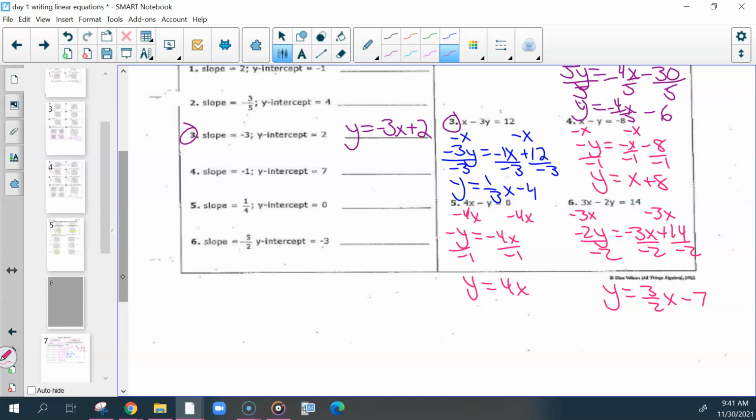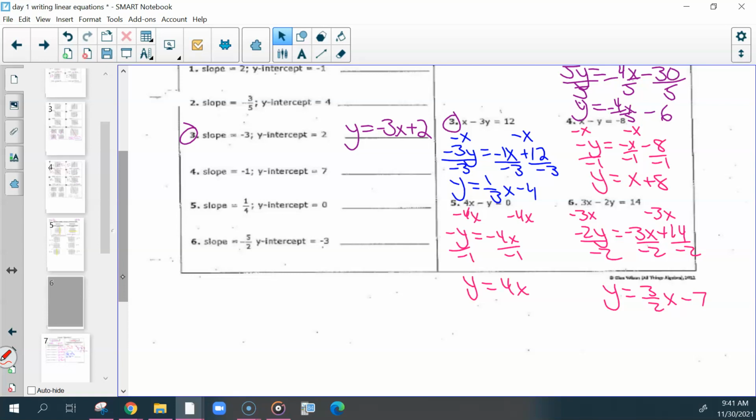Do we have questions on any of those 3? So I'm going to explain what you guys are going to be doing for the rest of class. There is one Delta Math on everything we just did that is due the next time I see you on Thursday. So I want you to be working on that first.